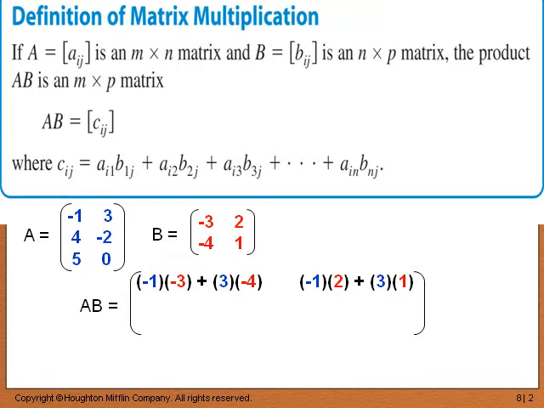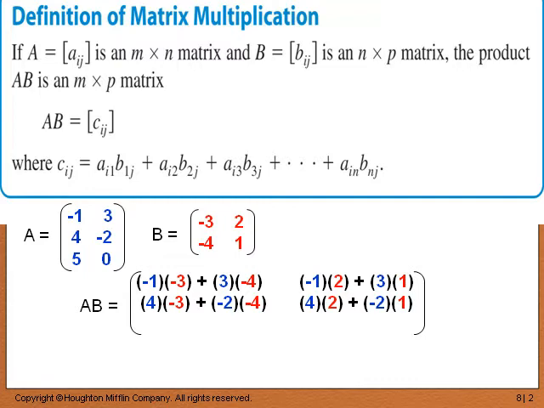So notice how the rows and columns match. That's the pattern that you're going to follow for matrix multiplication. Continuing with that pattern, next row, notice it's 4 times -3 plus -2 times -4. Of course, the colors indicate which matrix particular numbers come from.